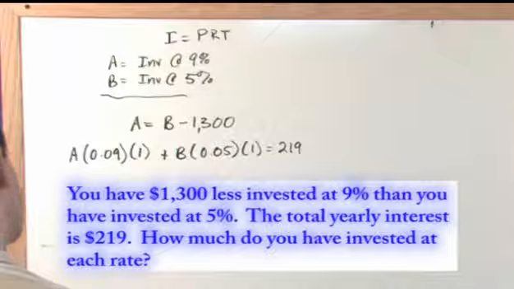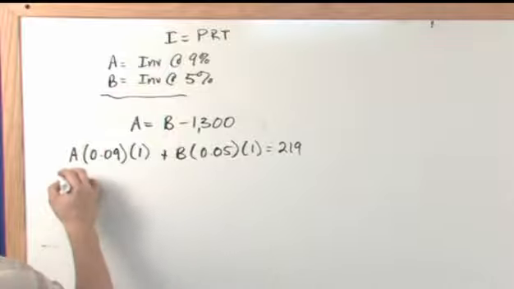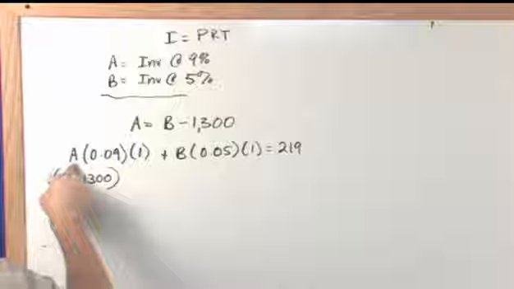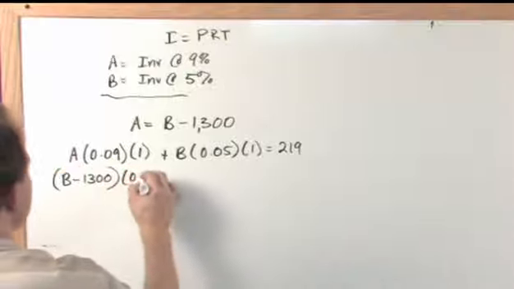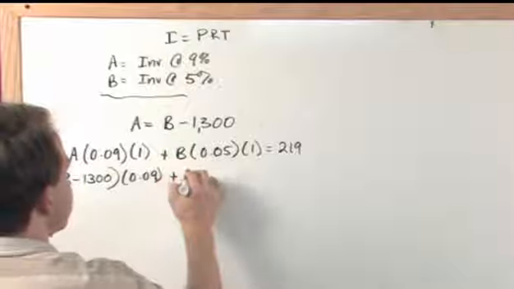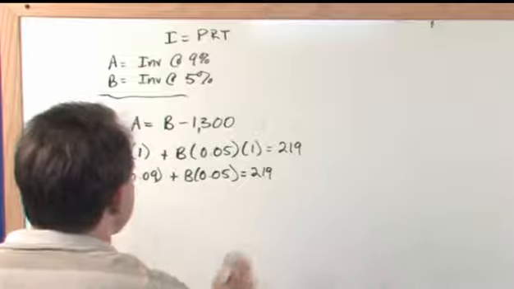But now I'm going to use my equation in terms of A and substitute that in. I'm going to say B minus 1300, that's A, times 0.09 times 1, so I'm going to leave them out, plus B times 0.05 is equal to $219.